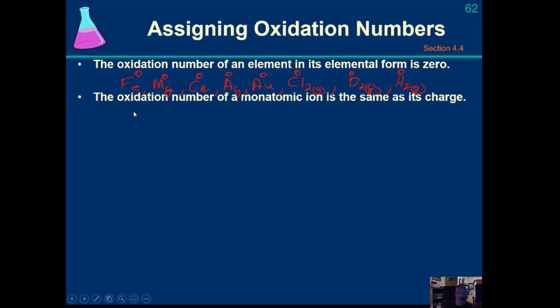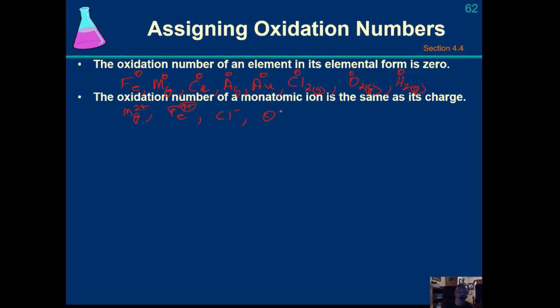The oxidation number of a monoatomic ion is the same as its charge. So if you see a monoatomic ion like magnesium 2+, that's its oxidation state. Iron 3+, that's its oxidation state, that 3+. Chloride ion with a -1 charge, that's its oxidation state.